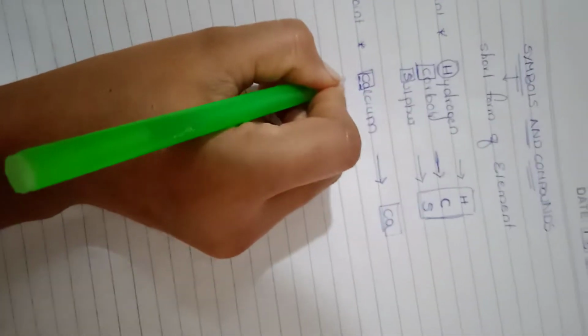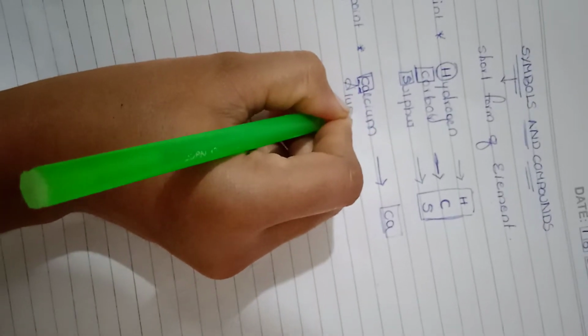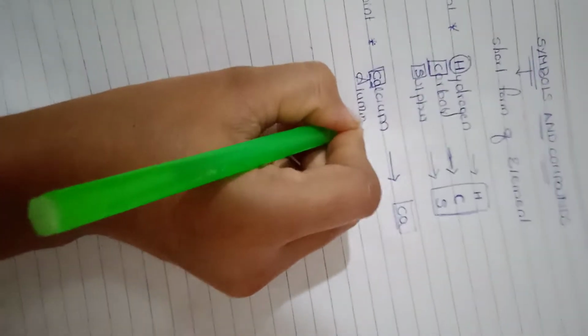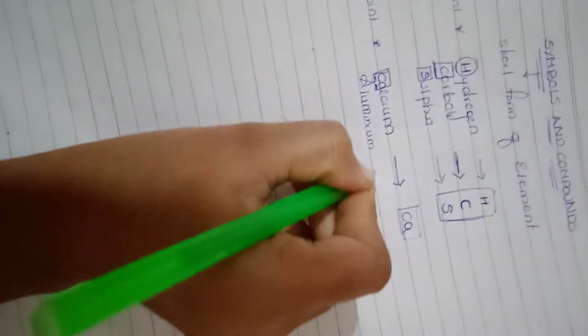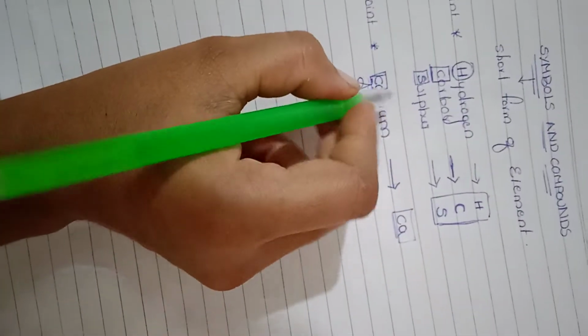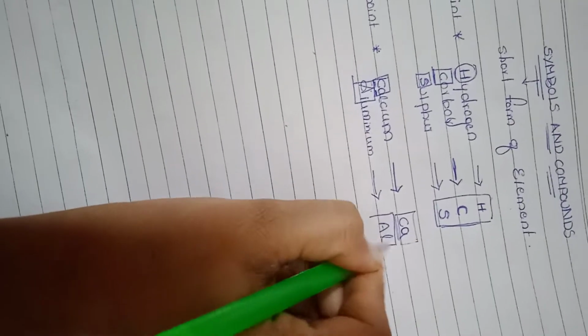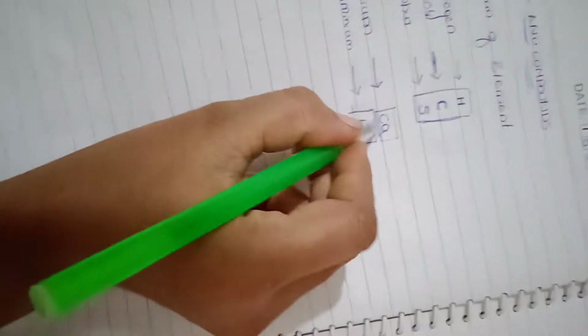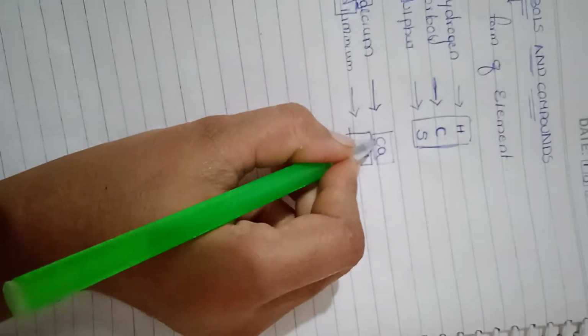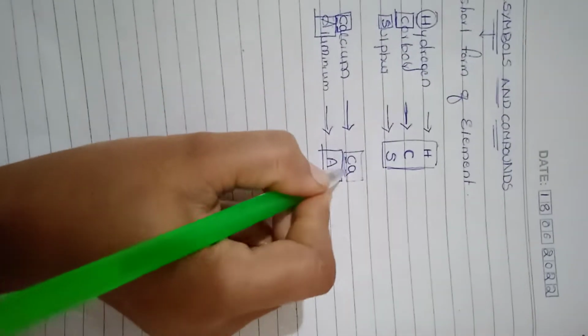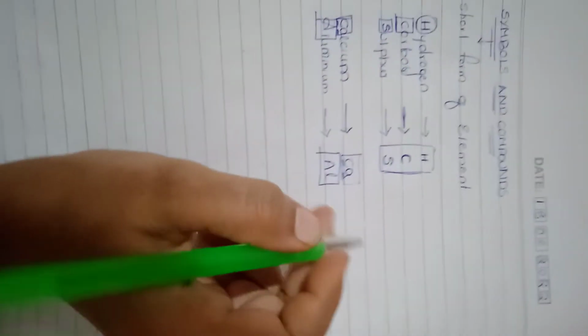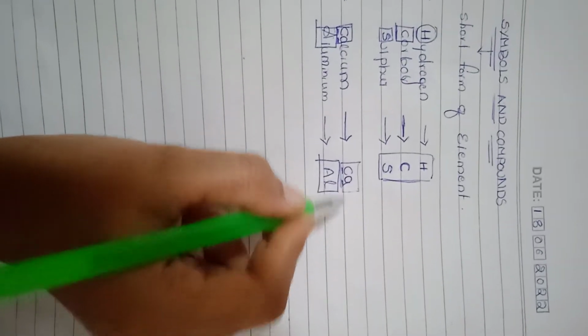One more example, aluminium. What is the symbol of aluminium? Al. Here you observe, I have taken A as a capital letter and l is denoted with a small letter. Why have I used a small letter?